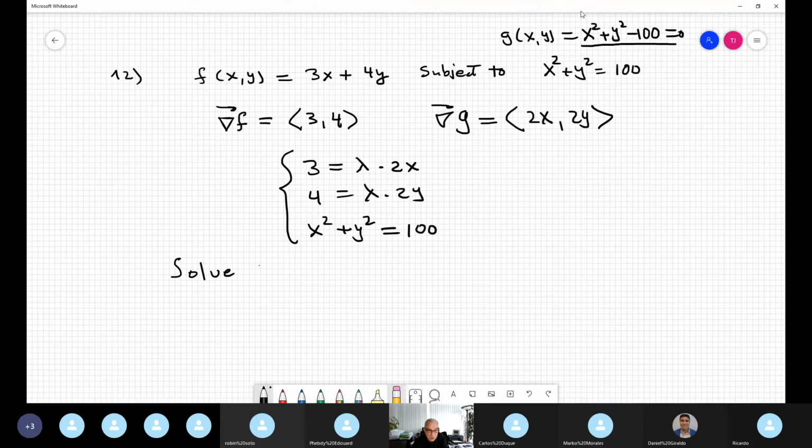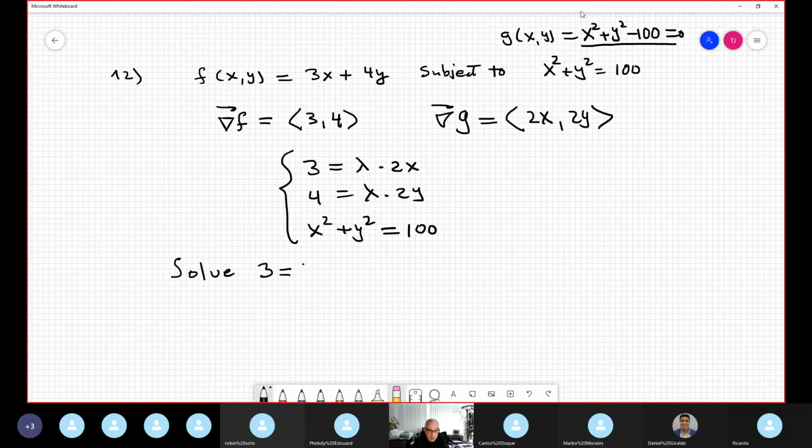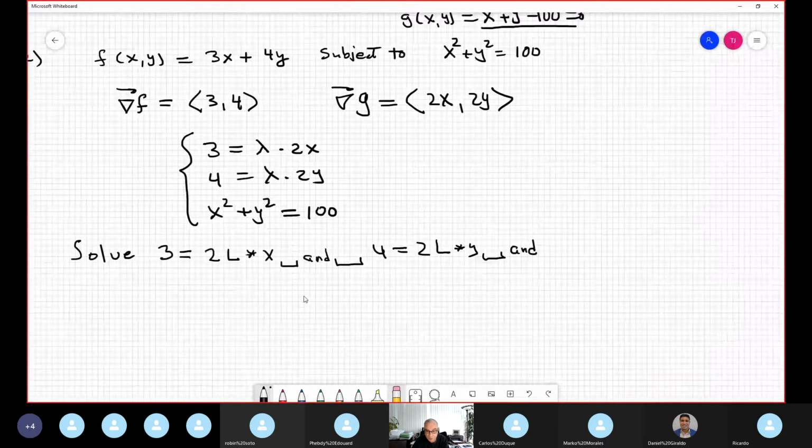And you copy, for example, the first equation, 3 equals 2L times x, space and, space 4 equals 2 L times y, space and, x squared, this is the power symbol, plus y squared equals 100.